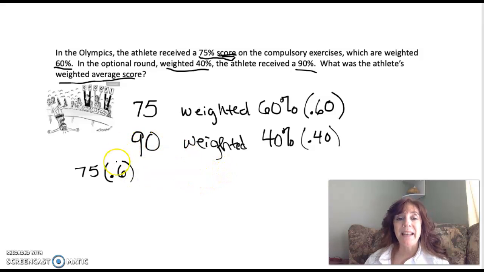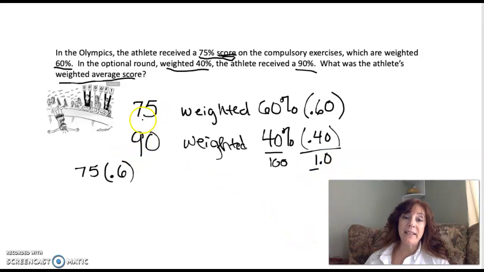We could have said 75 is counted 60 times and 90 is counted 40 times, and then we would have 100 times altogether. But since we learned to convert percentages to decimals, we have 0.6 times, 0.4 times, and we have 1.0, or just 1 altogether.